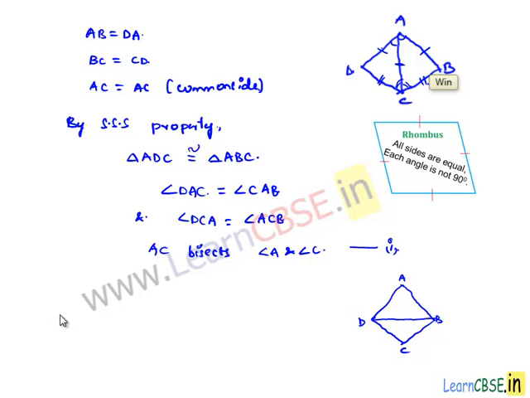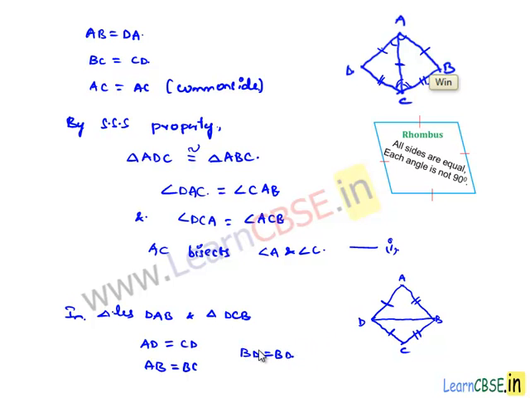Then we can say in both the triangles, that is triangle DAB and triangle DCB, AD is equal to CD and AB will be equal to BC. And here if we observe, BD is common side for both the triangles.